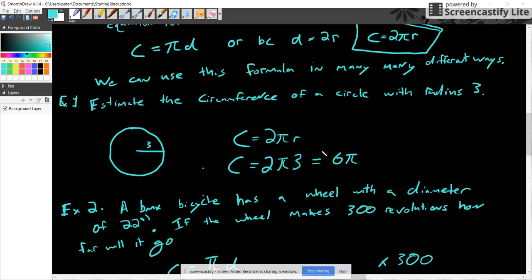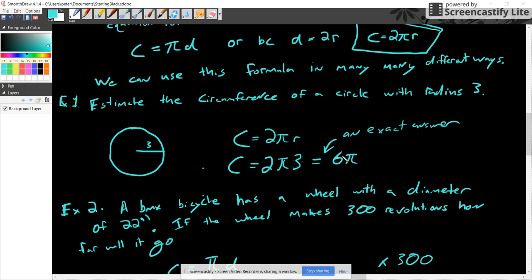I want you to pay attention here. Notice this is an equal sign, so that means it's an exact answer. Students often think that this is not an exact answer. But pi is exact. It is a number.